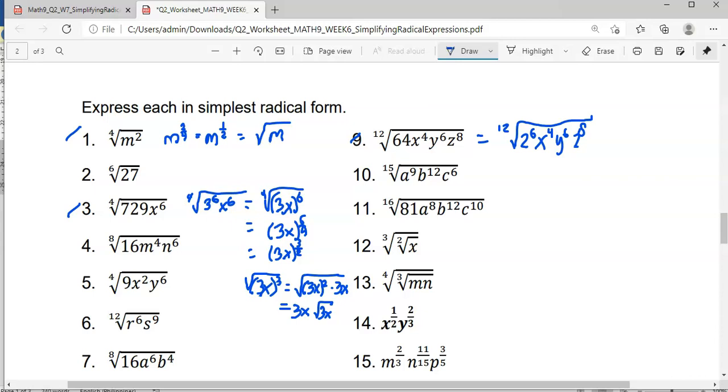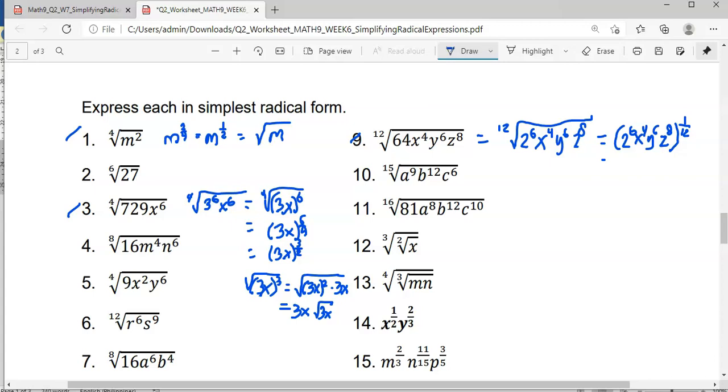Okay, then gawin nating rational exponent sa magiging quantity of 2 raised to 6, x raised to 4, y raised to 6, z raised to 8, then raised to 1 over 12.